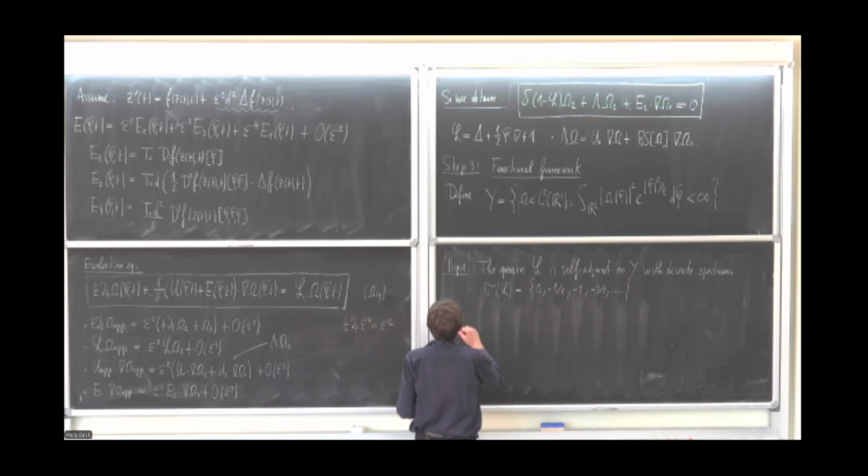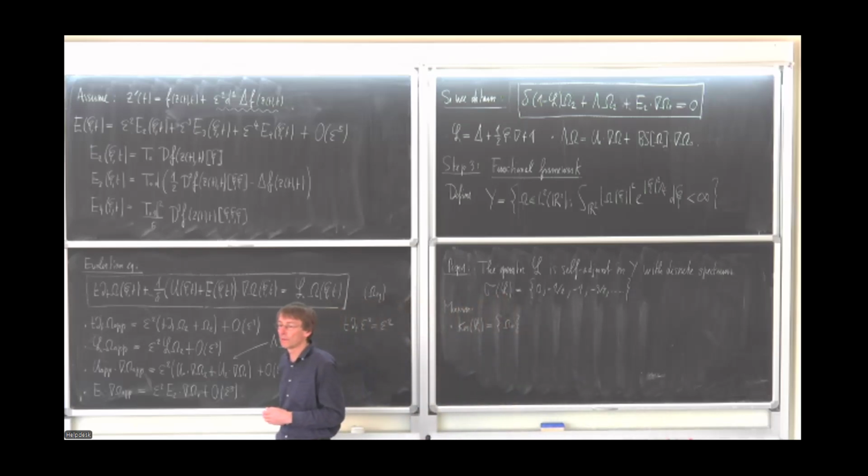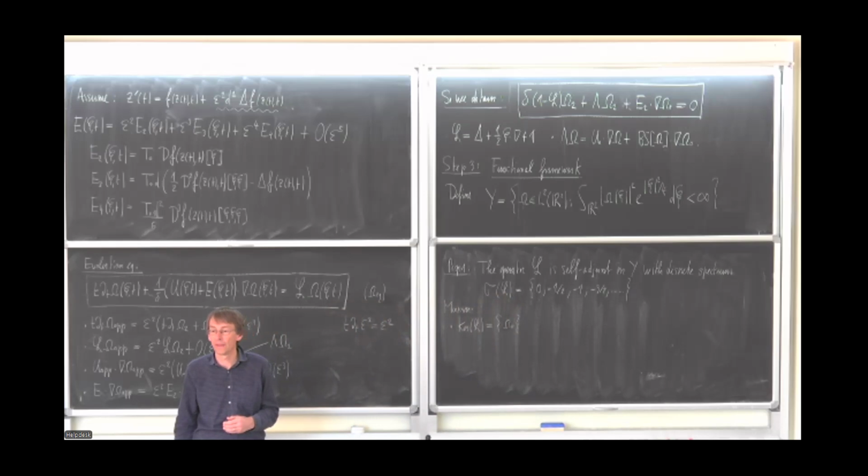And moreover, we know everything about the eigenvalues and the eigenfunctions. The kernel of L is spanned by the function omega 0. The eigenvalue 0 has multiplicity 1, and the only function in the kernel is omega 0.